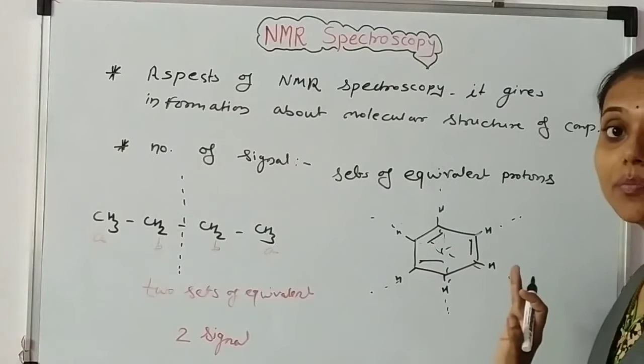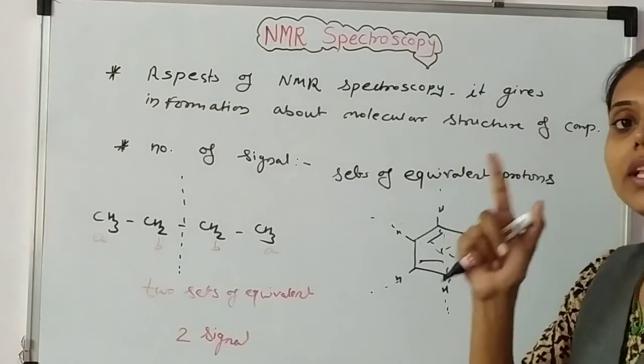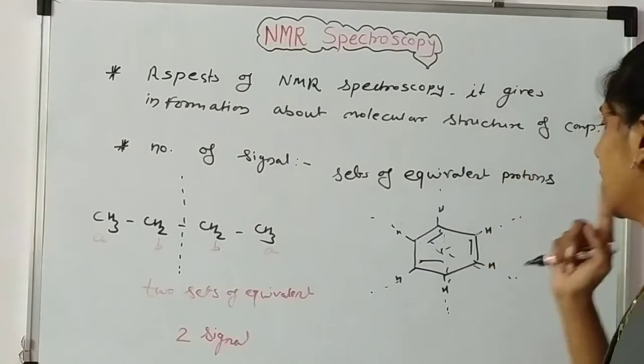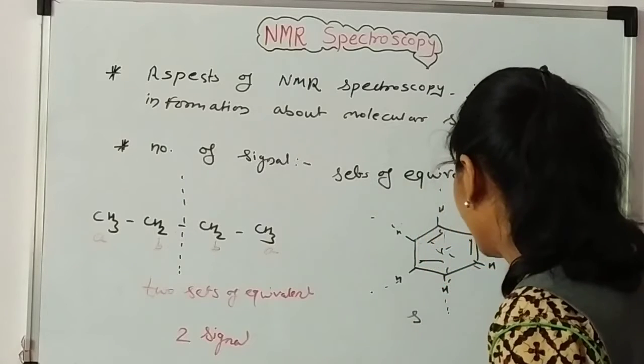How many sets of protons are included here? 6 protons give only one signal. 6 protons are equivalent here.